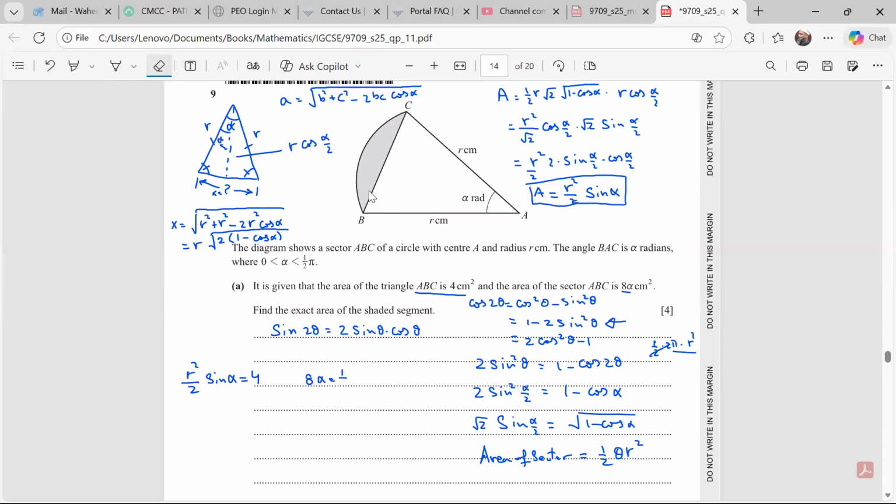So 1 by 2 alpha r square. Find the area of the shaded region.